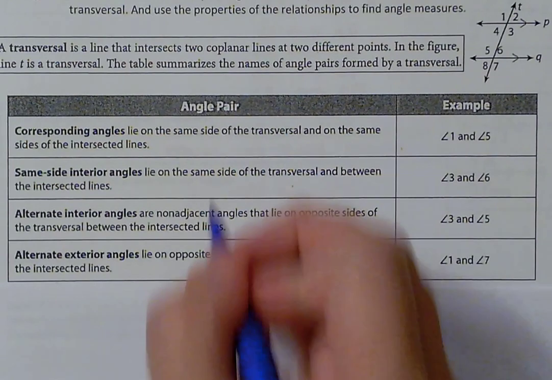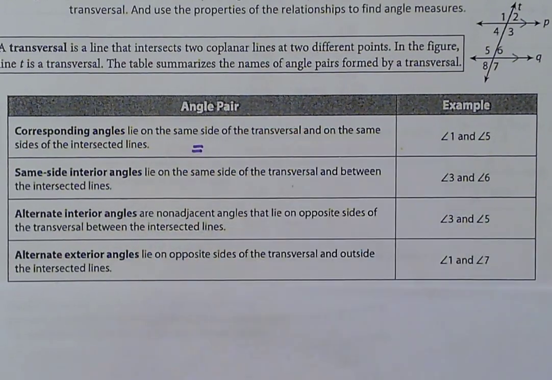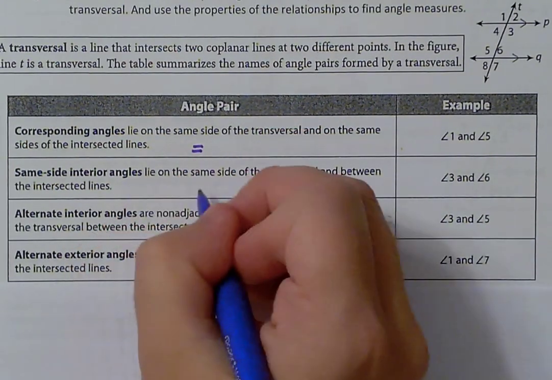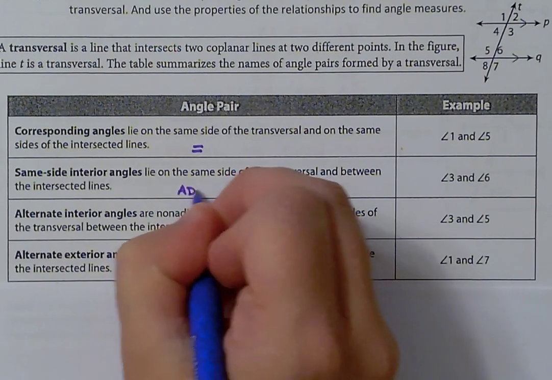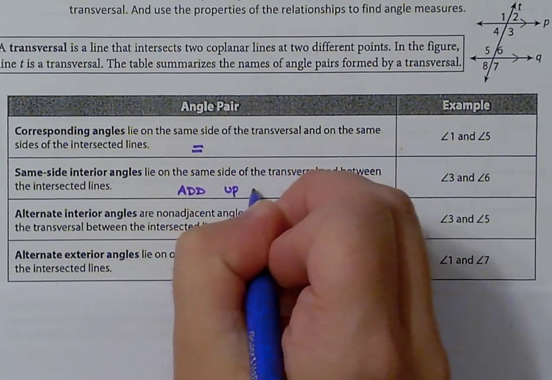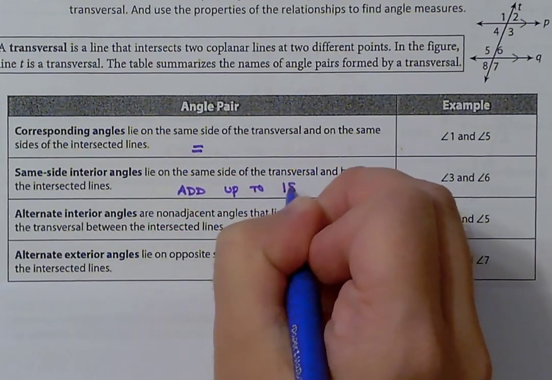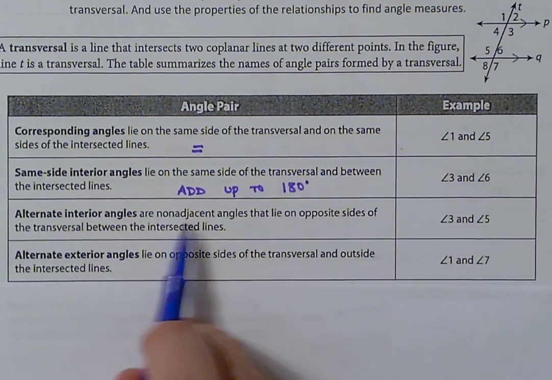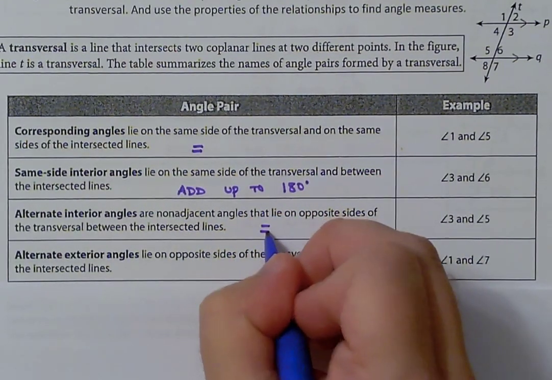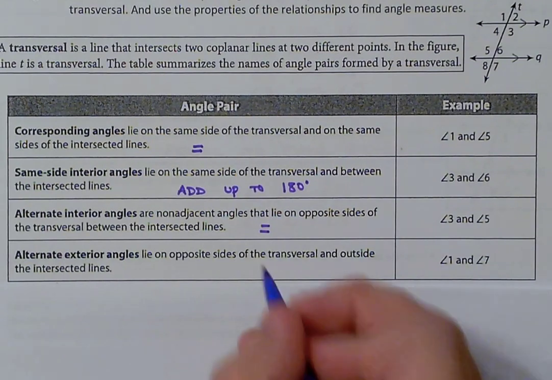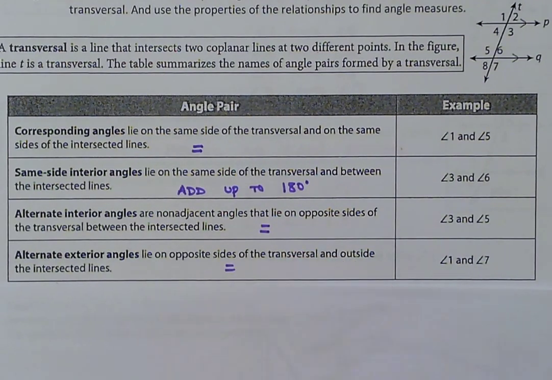Corresponding angles are equal to each other. Same side interior are supplementary, so they add up to 180 degrees. Alternate interior are equal to each other, and alternate exterior are also equal to each other.